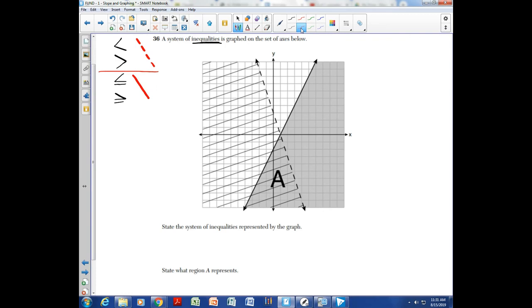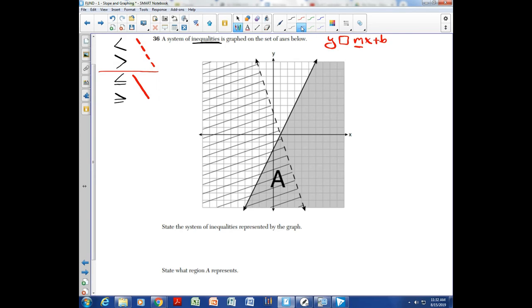Okay, so writing the equation. The approach I like to take is to try to find the m and the b, the slope and the y-intercept. If I can find those 2 things, it's really easy for me to substitute them into y, and I'm going to leave the symbol out, mx plus b.